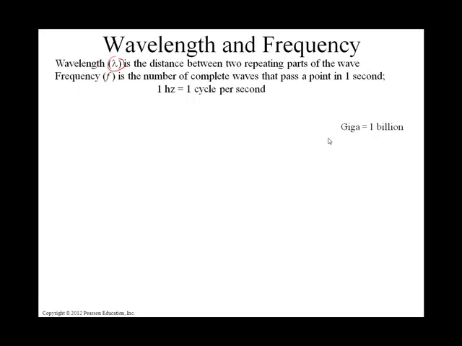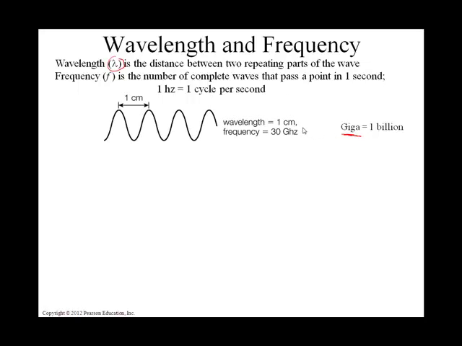As frequencies get large, we add a metric prefix called giga. Giga in the metric system means 1 billion times the base unit. So here we go, I'm going to compare 3 different scenarios, 3 different forms of radiation.